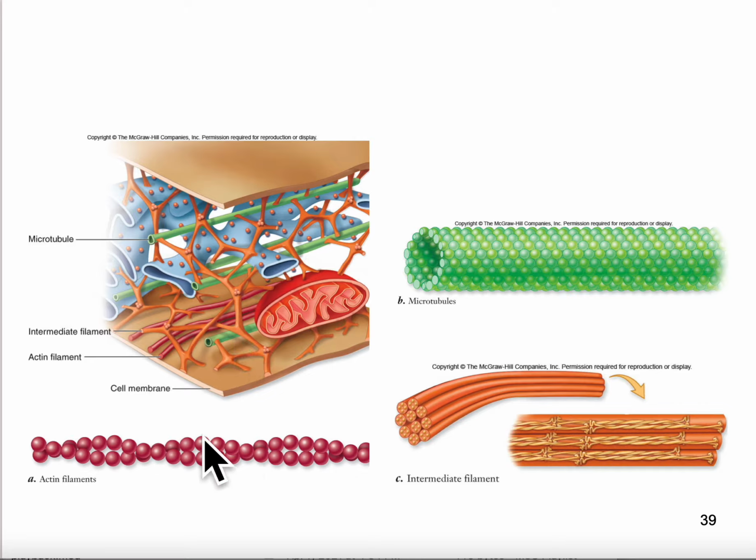The first one is called a microfilament, and it's like 2 pearl necklaces twisted around each other. Each one of these circles is a tubulin protein. So the circle is 1 protein, 2nd protein, 3rd, but they're identical.